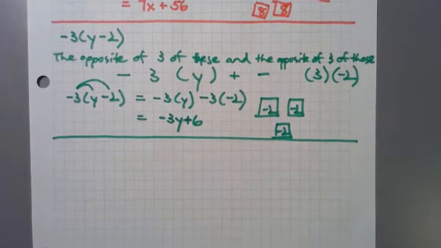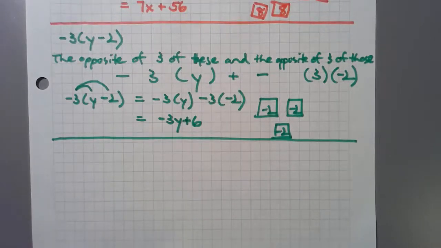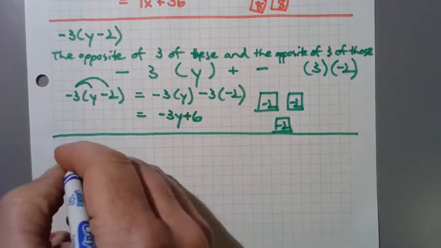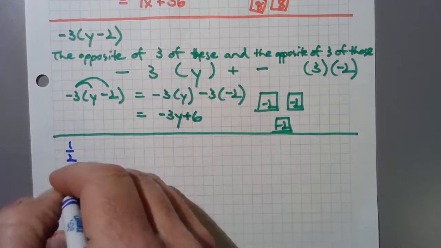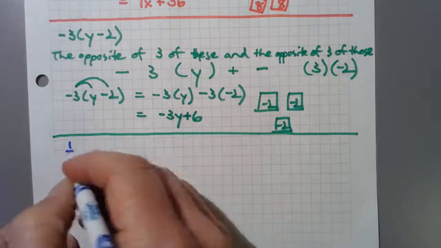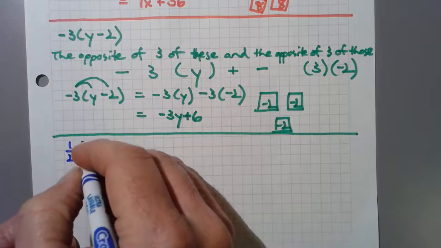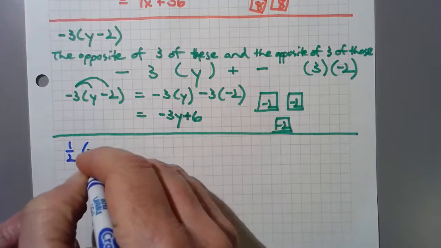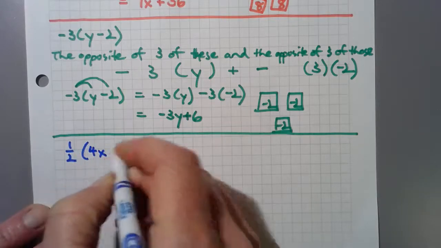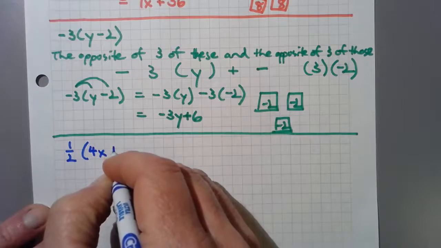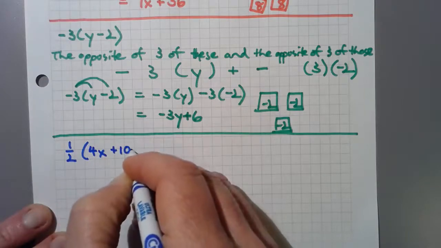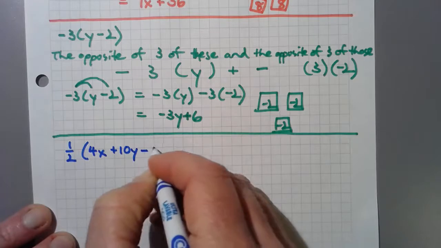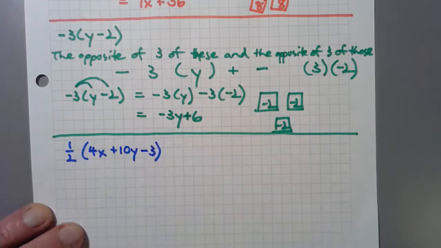Okay, here's our third example in blue. Don't be afraid of fractions. It's just another number, another value. It's not a big deal. And we still use the word of, but when we take a fraction of something, we're making it smaller.